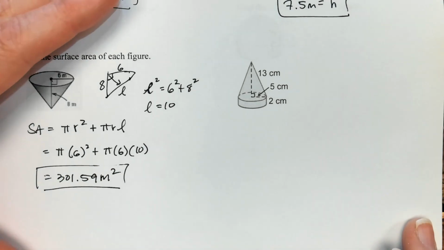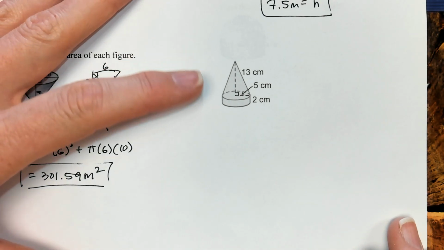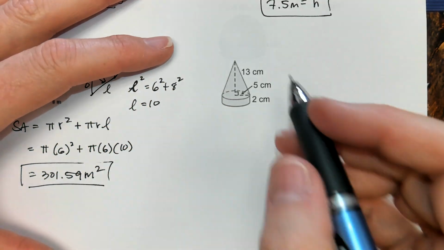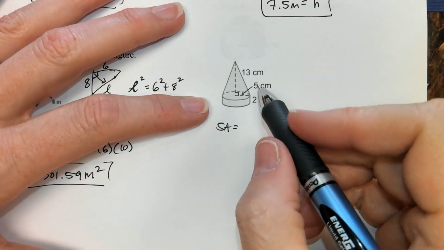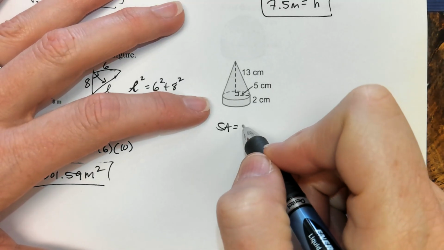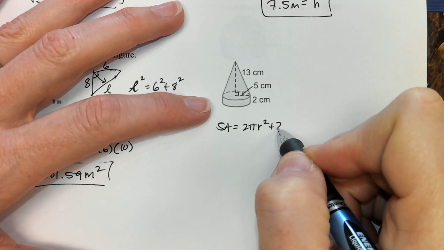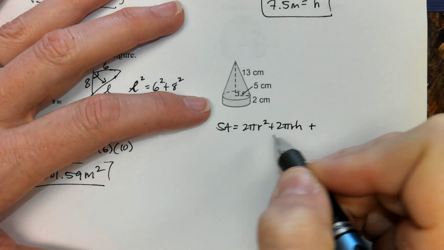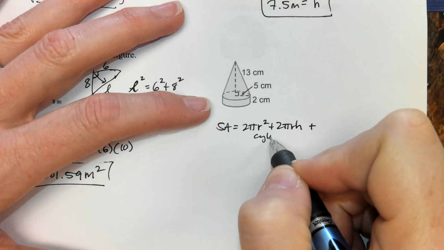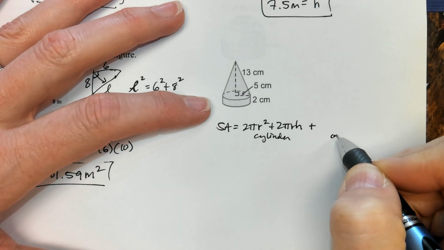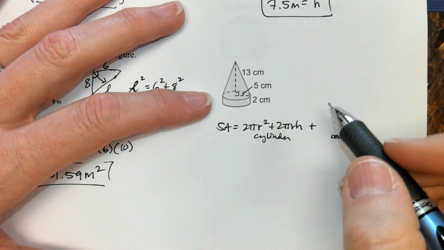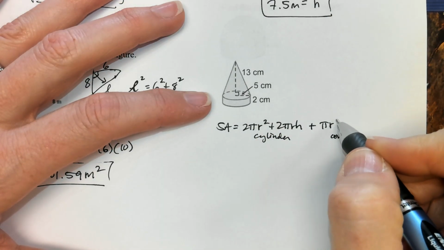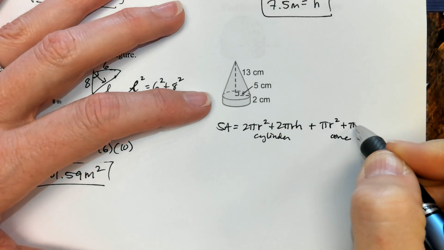Last one, you've got just two shapes put together, a stubby little cylinder and then a cone on top of that. So surface area is, I've got the cylinder on the bottom, which is 2 pi r squared plus 2 pi rh. This is for the cylinder. Then we've got the cone, and the cone's formula is the area of the base, so that's pi r squared, and then the pi rl.